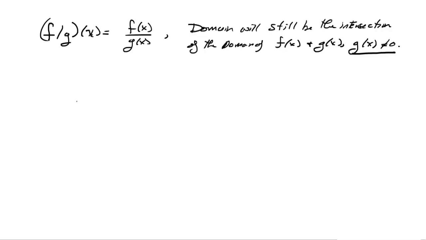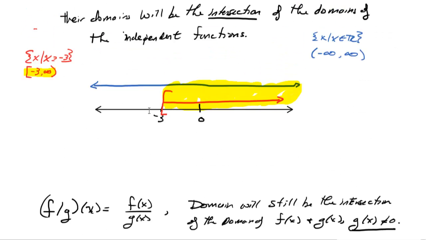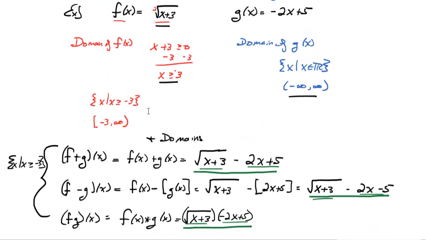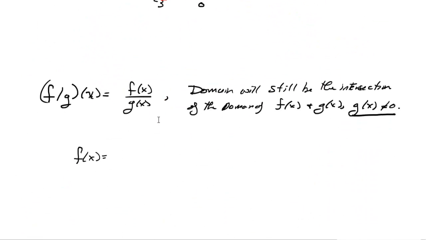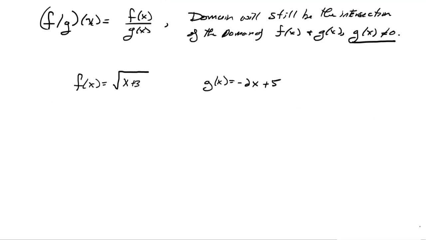So again, our function f of x was equal to the square root of x plus 3, and g of x is equal to negative 2x plus 5. Again, their domains independently have not changed. This domain is still the set of x such that x is greater than or equal to negative 3.